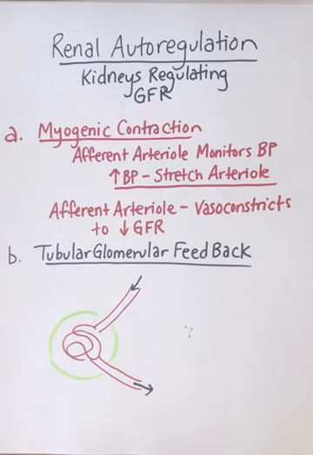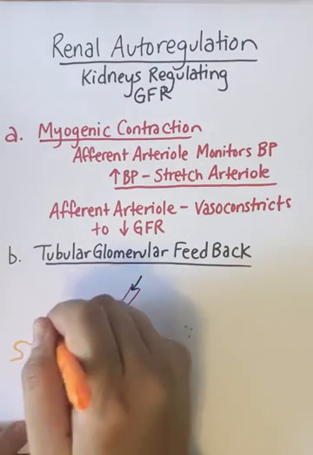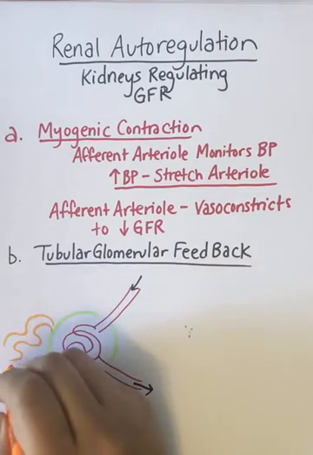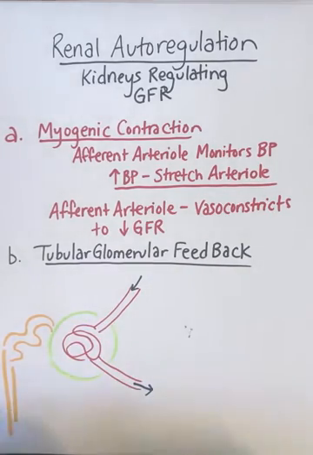Technically, when we talk about the renal tubule, your filtrate is going to go to the proximal convoluted tubule, and then you're going to have your descending limb, and then your loop of Henle.